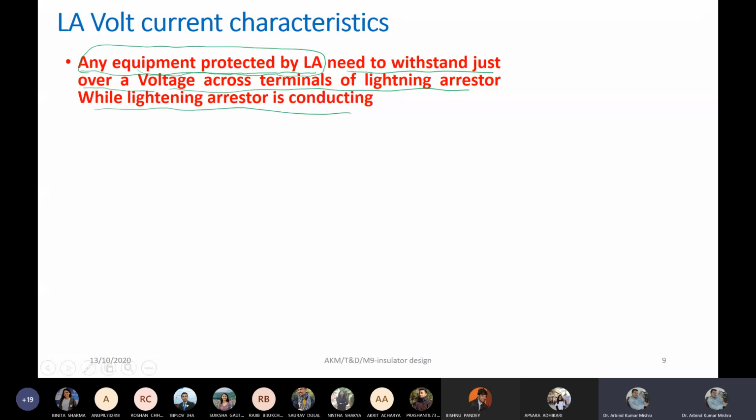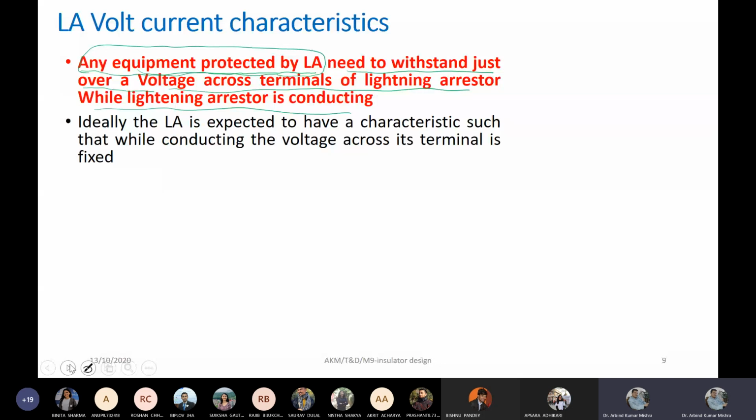What does it mean? While it conducts, whatever voltage is across it is the current I flowing through it times the resistance offered by the lightning arrestor.